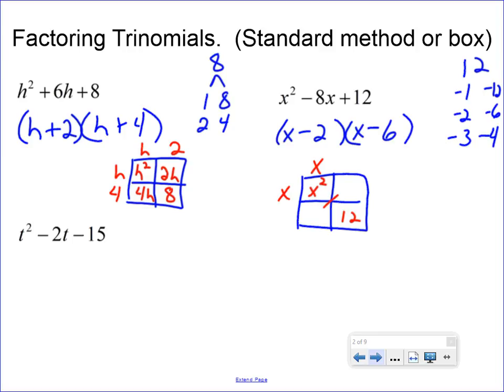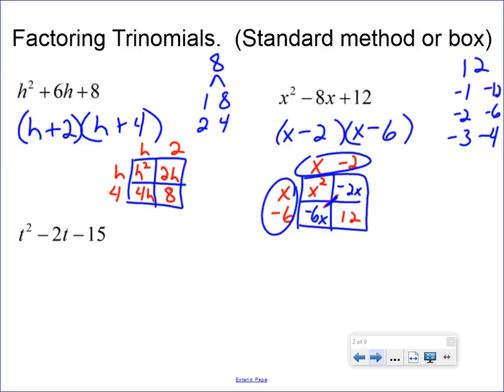So in that case, I would be thinking of a negative 2 and a negative 6. If you filled in your boxes, you would get a negative 6x here, a negative 2x here. So these two together give you the negative 8x that we were looking for. So what are your factors? They would be the x minus 2 like we'd started with, and an x minus 6.